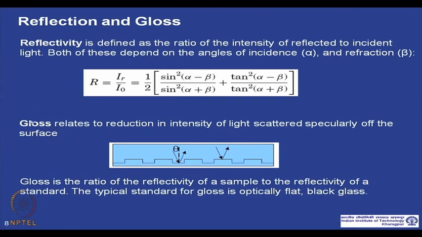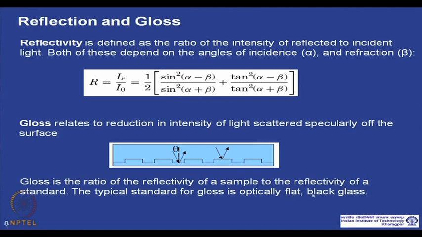How do you measure gloss? Gloss is measured or related to the intensity. It is basically measured as the ratio of reflectivity of a sample to the reflectivity of a standard, and typically the standard is taken as an optically flat black glass for a particular incident angle.